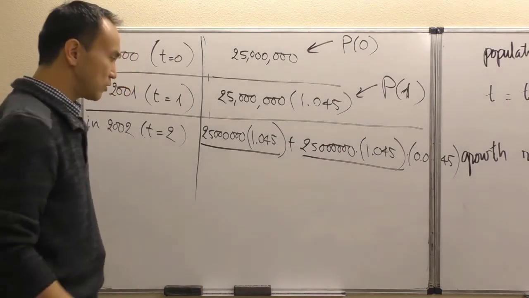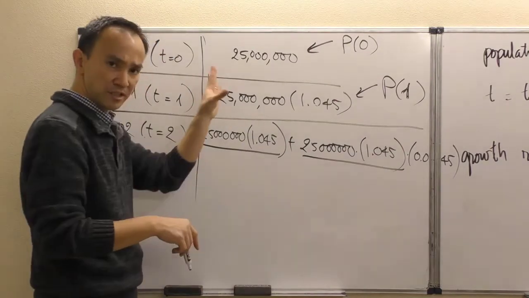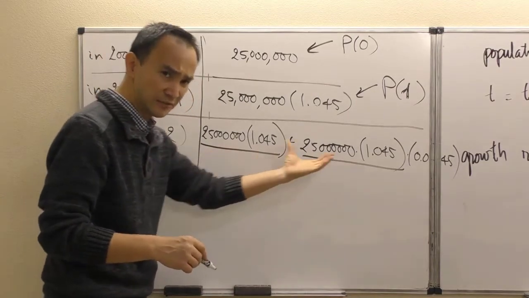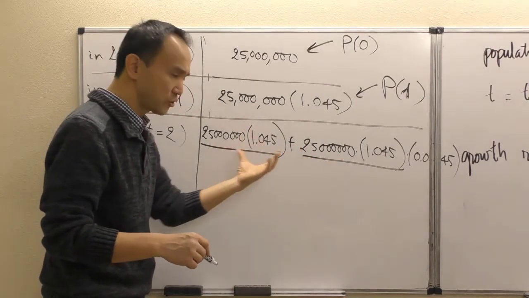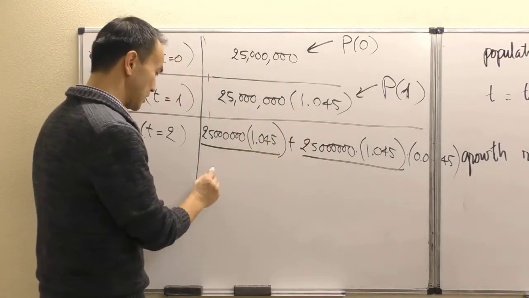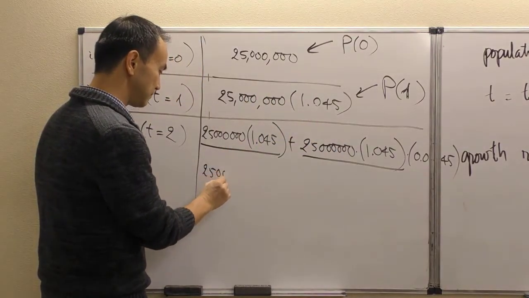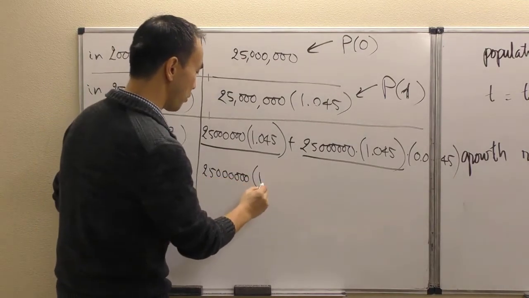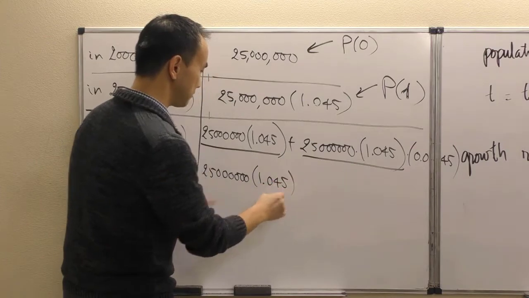And so now, in other words, I can rewrite this similar to what I've done earlier. I'm going to factor out this common factor, and I'm still leaving it in the version without the calculation. And so 25 millions times 1.045. This is our common factor.